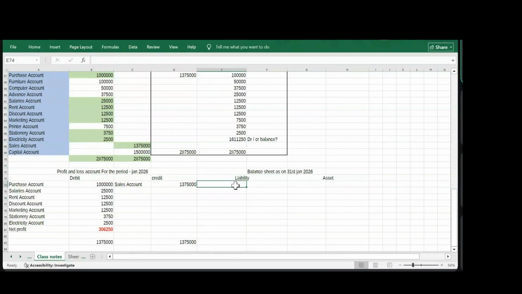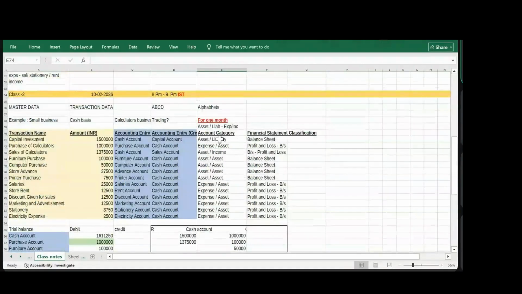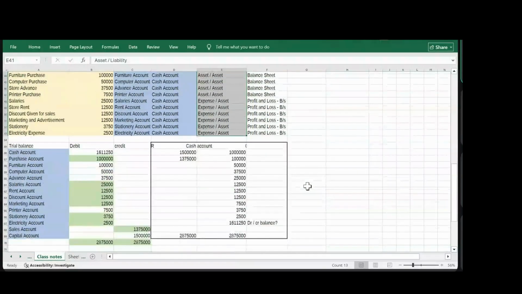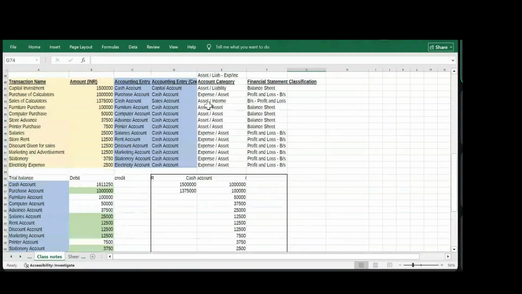Now you tell me what is the liability that you have? There is a liability. Okay, see here. In this entire thing, where is the liability? It's capital. Capital account, correct? So I have my capital account, which is the liability here. This is my liability. What about my asset? Only one liability? Any other liability here? Nothing. All others are assets.